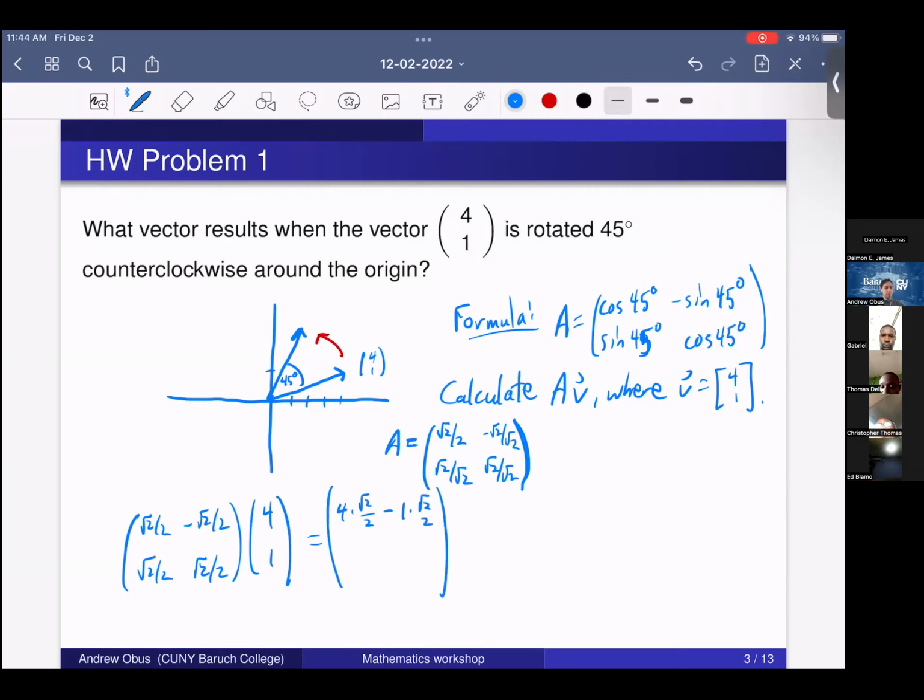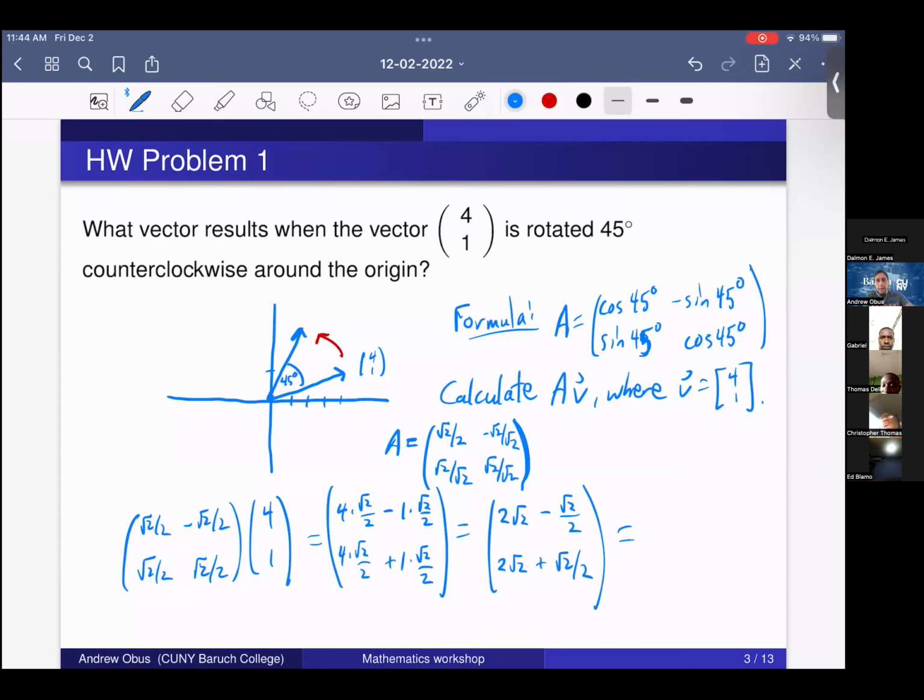That's my top entry, the dot product of the top row with the vector. The bottom entry is the dot product of the bottom row with the vector: 4 times root 2 over 2 plus 1 times root 2 over 2. In other words, the top is 2 times square root of 2 minus root 2 over 2, and the bottom is 2 times square root of 2 plus root 2 over 2.